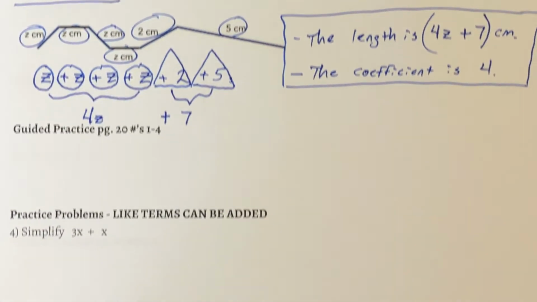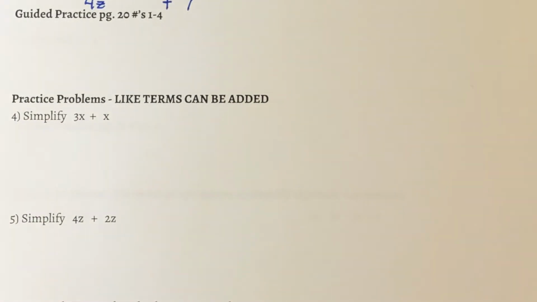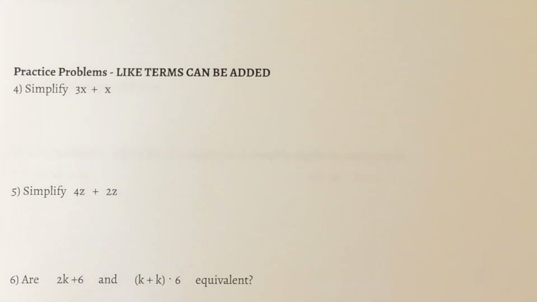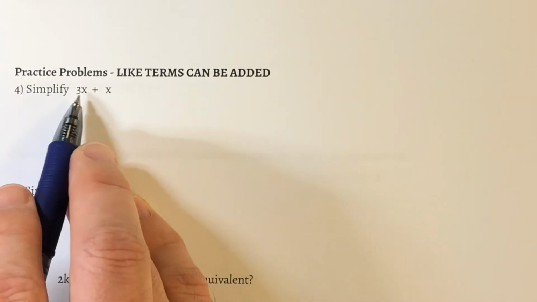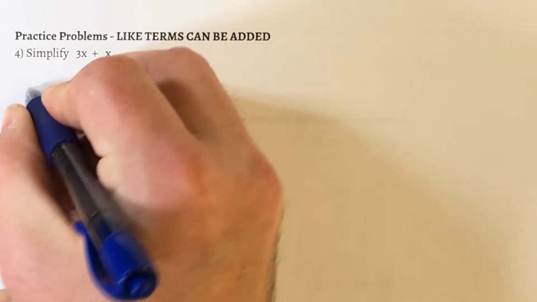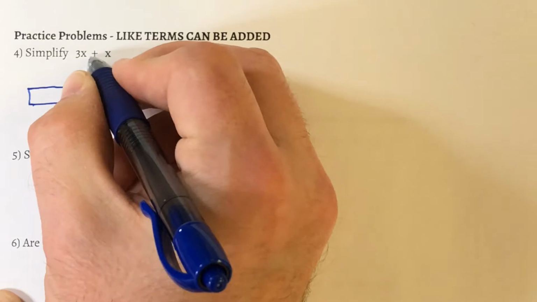All right, we're going to go through addition and subtraction and just show you some differences and just reinforce combining like terms. All right, number 4, 3x plus x. Just a quick visual of what we are doing. 3x means 3 times x, or 3 groups of x.